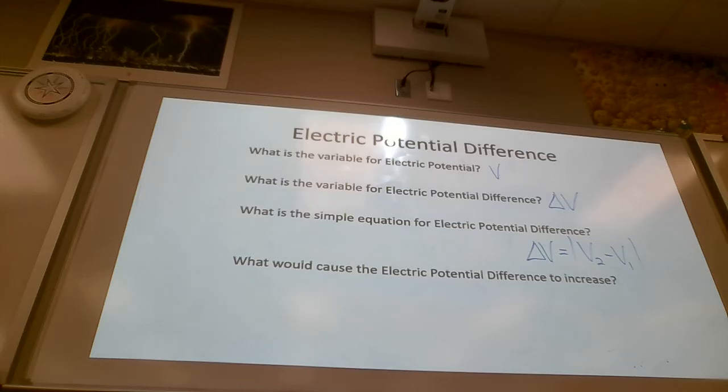So, question for you is, what would cause the electric potential difference to increase? What would make that bigger?